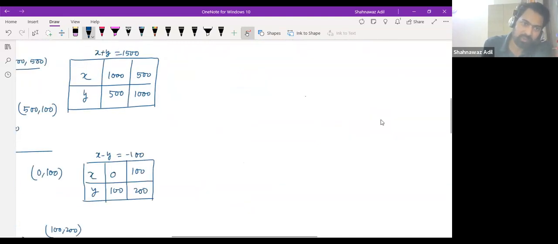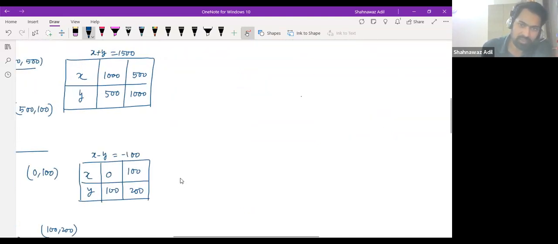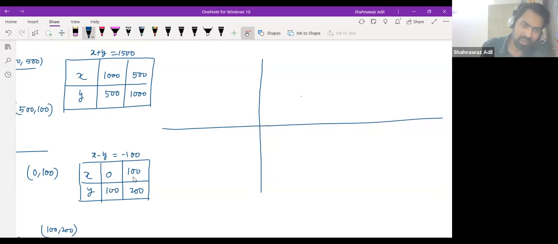So now we have to plot these two lines. Again, we have to take 100 and 200, all these numbers. We take one big box to be 100. Then this is 200. Y is also going to 1000.